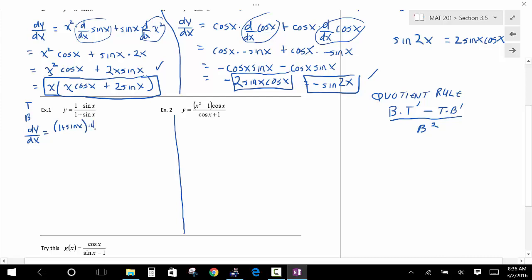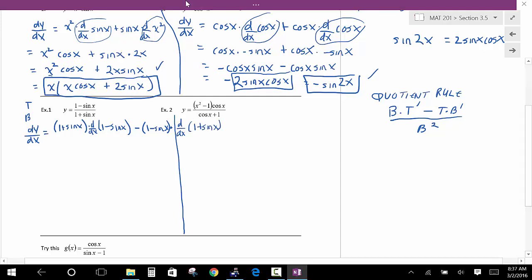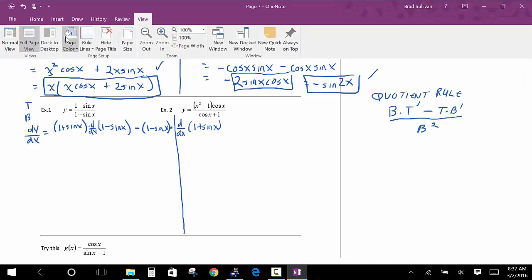So I'm just going to put d dx of 1 minus sine x, like that. Then I'm going to do it backwards. It's minus the top, which is 1 minus sine x. Then I'm going to multiply that by the derivative of the bottom. Then it's going to be all over the bottom squared, like that.